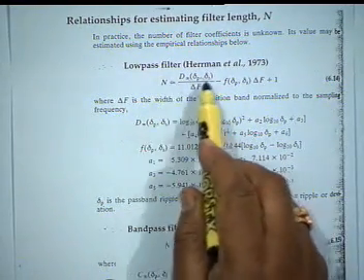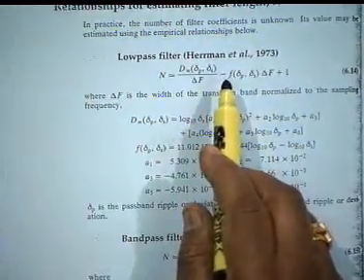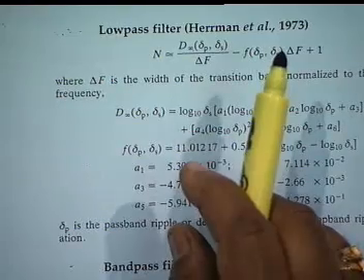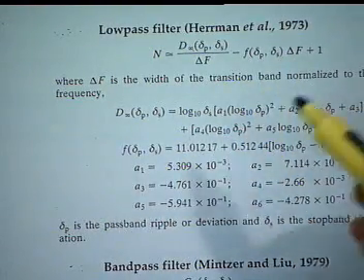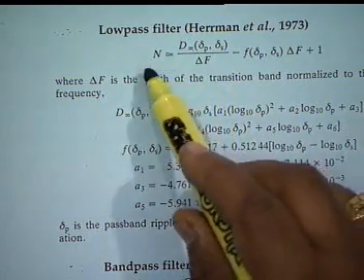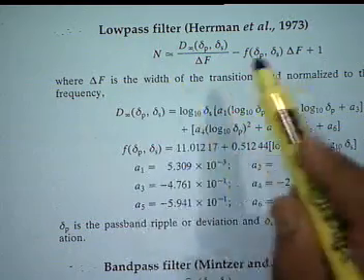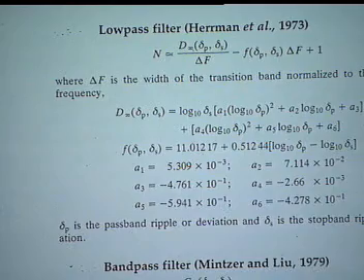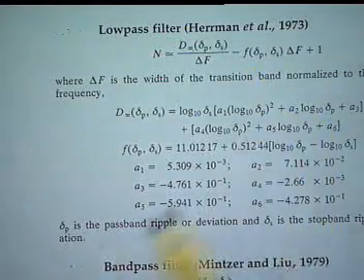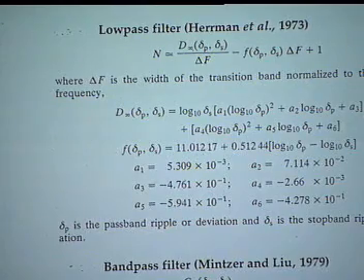You see, for a low pass filter, which apparently is applicable to high pass also, the estimation of the order is slightly complicated. It requires a little bit of calculation, but once you program it, it's not a problem. The only thing that one has to be careful about is that the symbols are slightly different here.